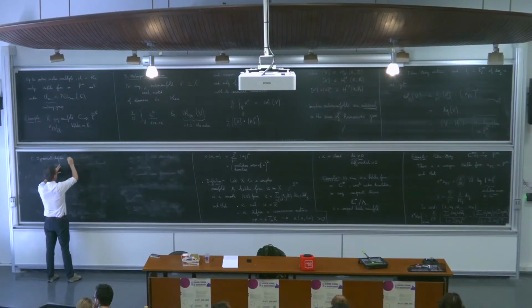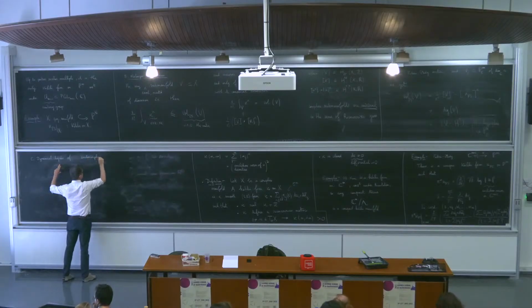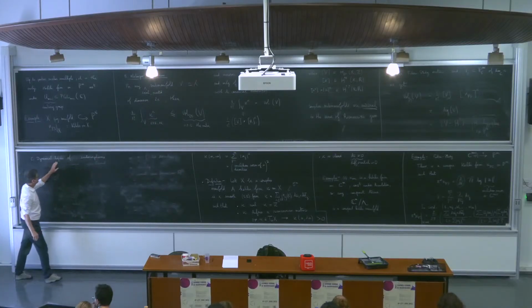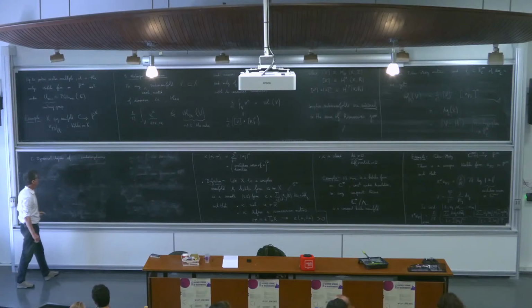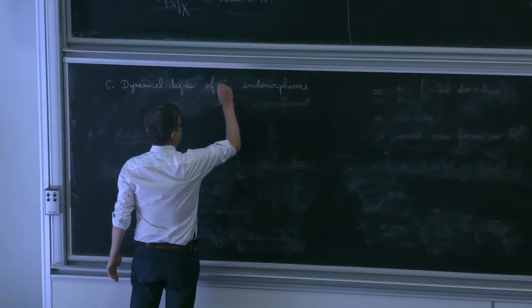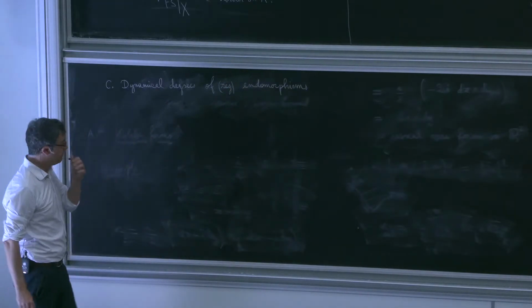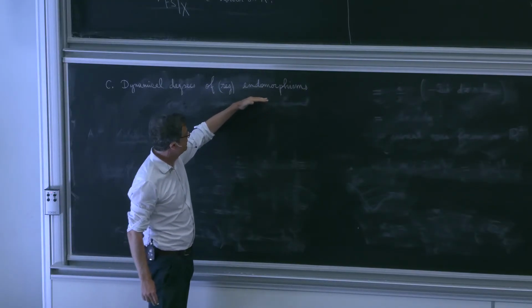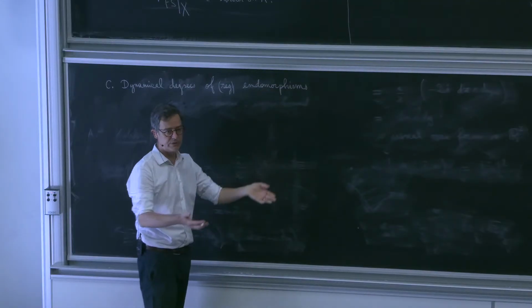So dynamical degrees of endomorphisms. At least at the beginning, I don't want to look at dynamical degrees of rational transformations. I want to look at dynamical degrees of endomorphisms, so I insist, regular endomorphisms. Here I will work in the setting of Kähler geometry, at least at the beginning. So an endomorphism of a compact Kähler manifold is just a holomorphic transformation of this compact Kähler manifold.